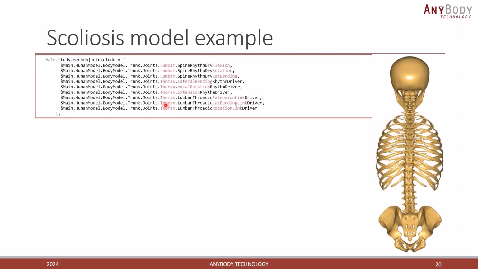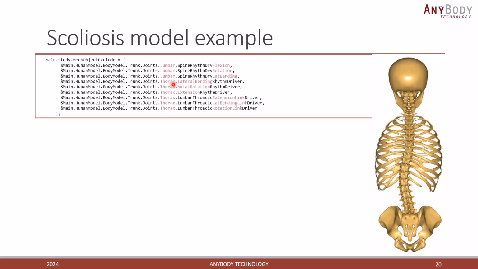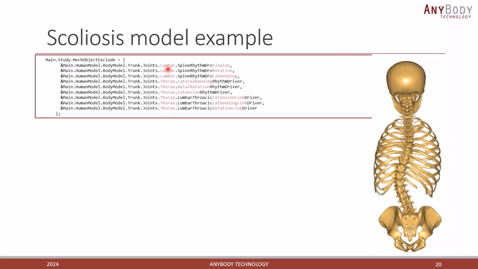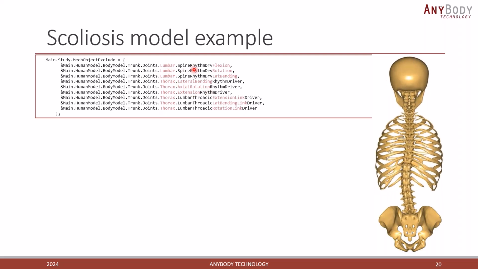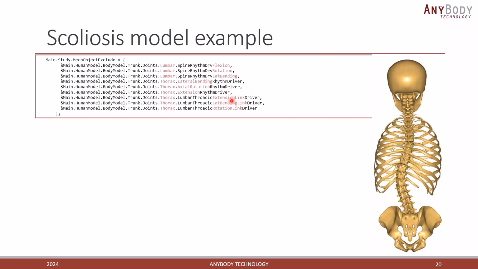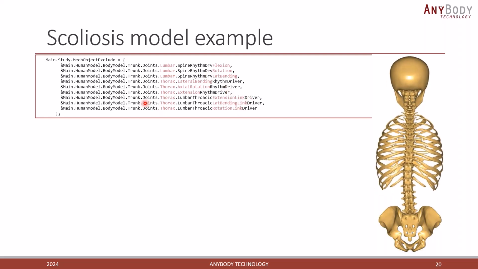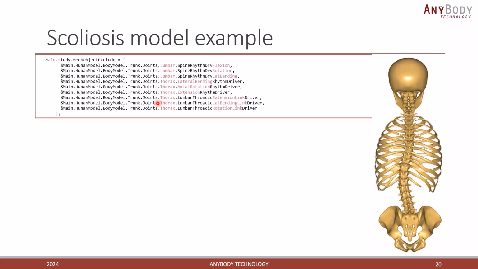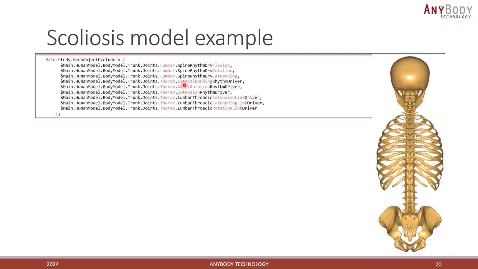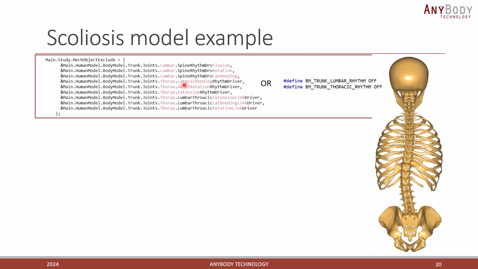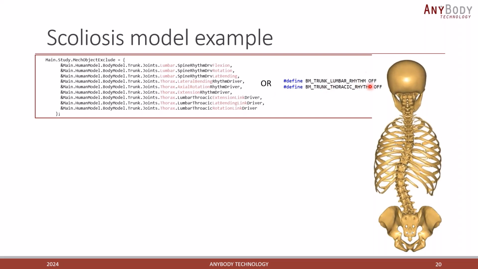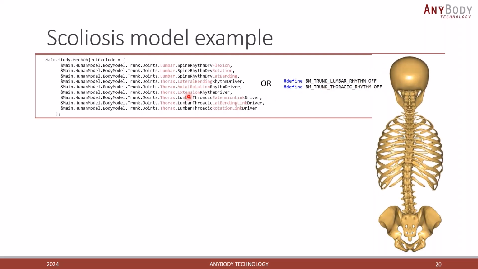There are some links that link these two, the lumbar and thorax rhythms together, called link drivers. You have to disable all of these, or you can just define the rhythm off, then these will not be defined.